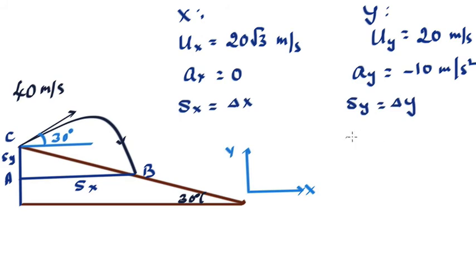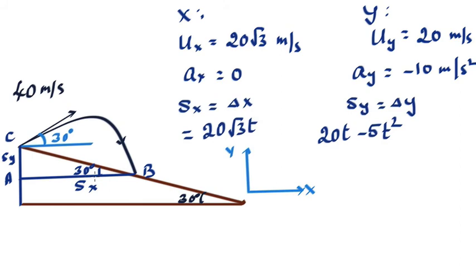Right. So what is the formula for Sy? It's Uy t plus half Ay t squared. The formula for Sx is Ux t plus half Ax t squared, but Ax is 0. Now if you look at this right angle triangle, this angle is 30 degrees. You might be tempted to say Sy by Sx is tan 30.